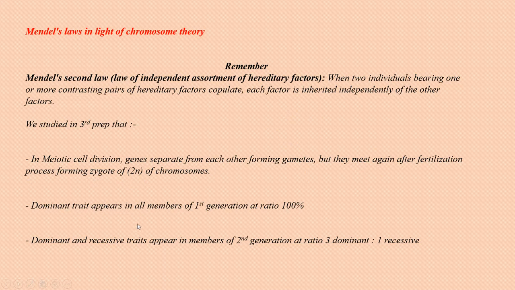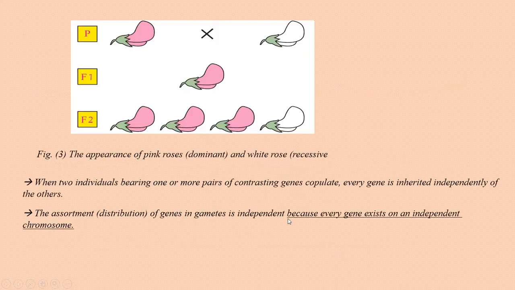Okay, where the dominant trait appears in the first generation 100% and in the second generation was 3 dominant to 1 recessive. This is for example the purple color of the pea plant and the white color which is recessive, and both of them give gametes, the F1 was purple, while F2 after fertilization was 3 purple to 1 recessive.